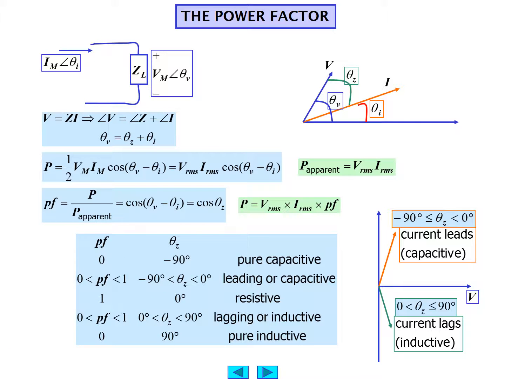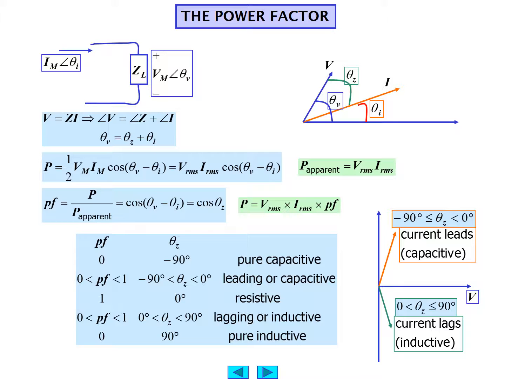Here's a chart of the various values of the power factor and the resulting theta Z. If the power factor is 0, theta Z is minus 90. If the power factor is between 0 and 1, theta Z is between minus 90 and 0, indicating a leading or capacitive type circuit. If the power factor is 1, theta Z is 0.